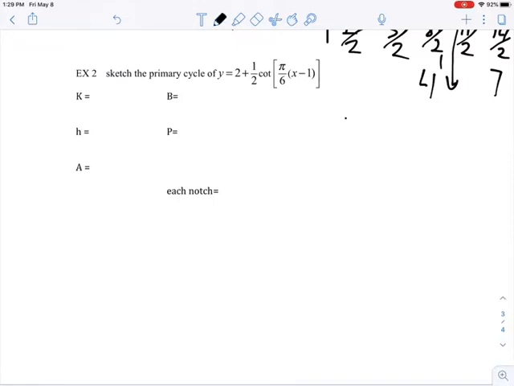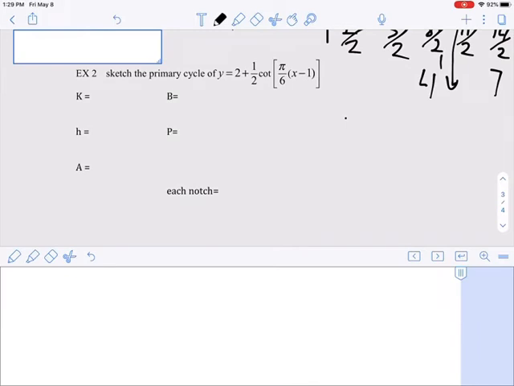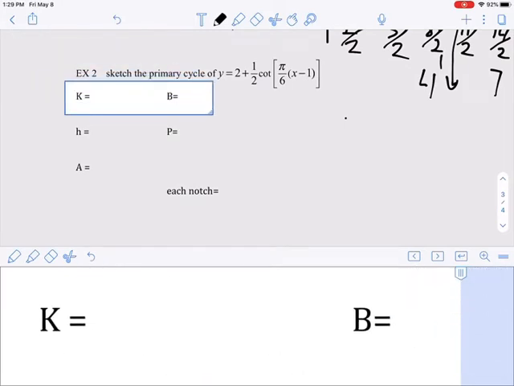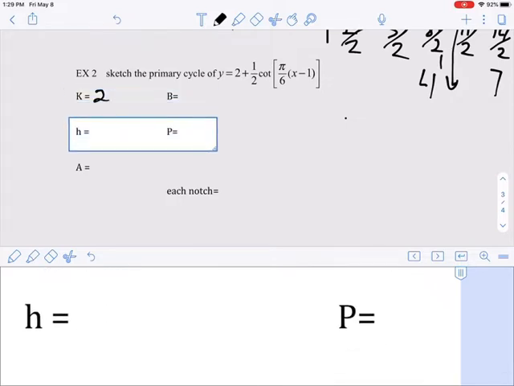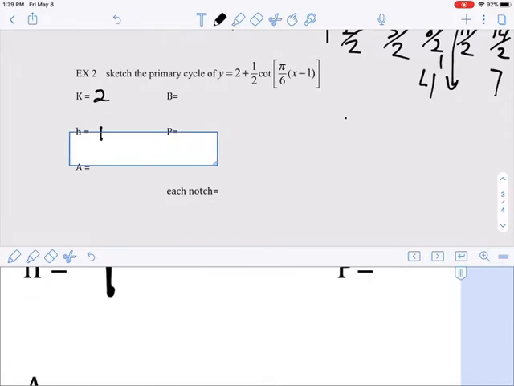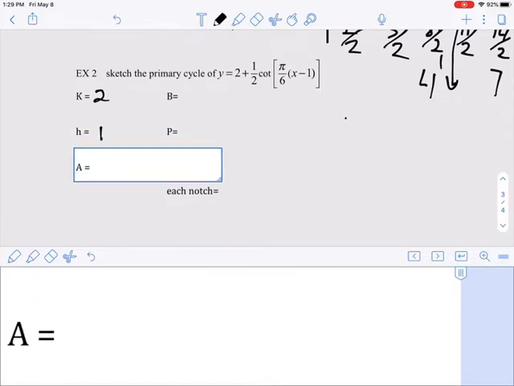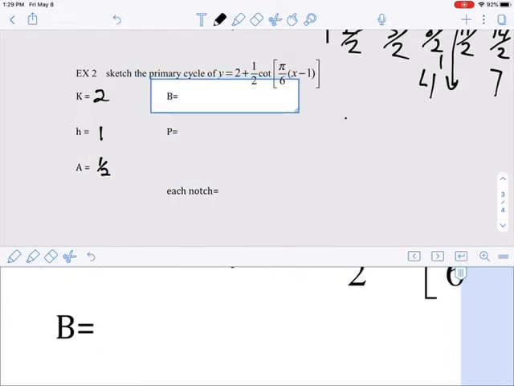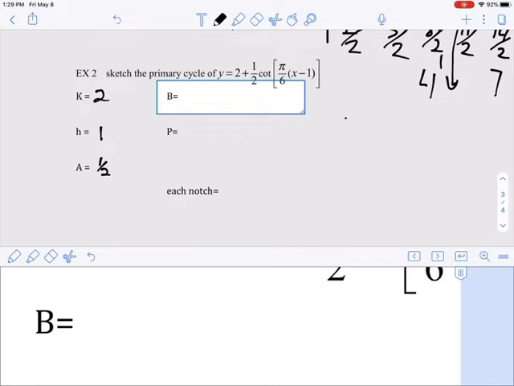We've got K equals 2. H equals 1. Amplitude equals 1/2. B equals pi/6.